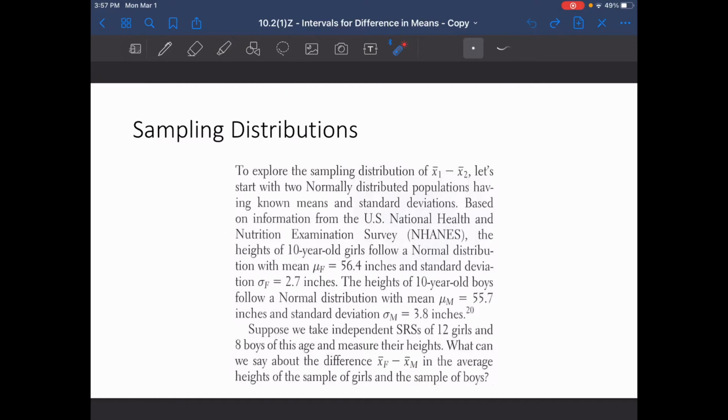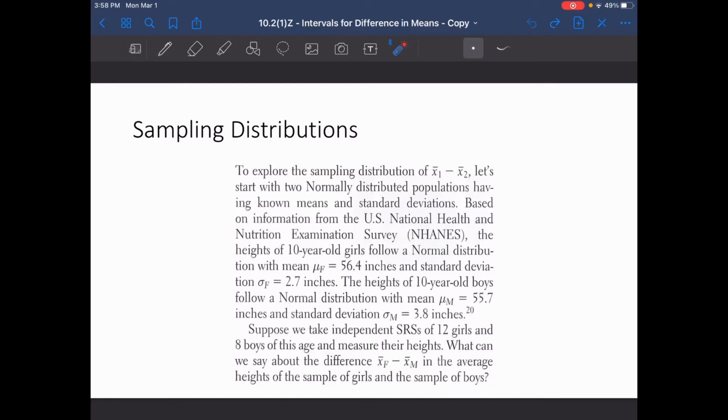So in this example, we're asked to explore the sampling distribution of x̄1 minus x̄2. Let's start with two normally distributed populations having known means and standard deviations. Based on the information from the U.S. National Health and Nutrition Examination Survey, the heights of 10-year-old girls follow a normal distribution with a mean of 56.4 inches and a standard deviation of 2.7 inches.